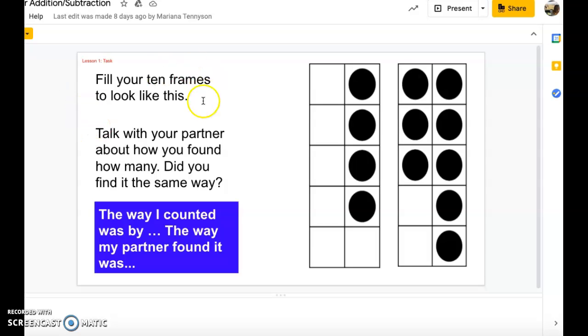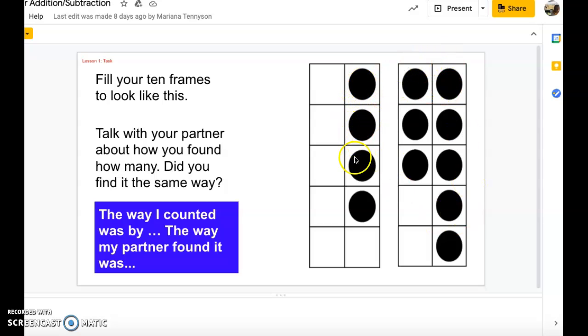All right, now fill your tens frames to look like this. Take a look. How many are there? How did you count? Pause the video and come back. All right, in this tens frame, we have 1, 2, 3, 4. We have 4. In this tens frame, we have 2, 4, 6, 8. So we have 4 and we have 8.